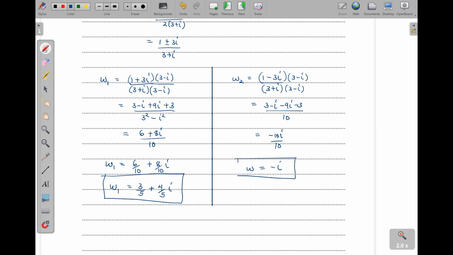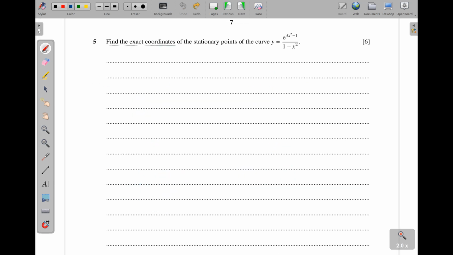That is that. Question 5, find the exact coordinates of the stationary points of the curve, this one here. Now, this is a quotient, so we are going to use the quotient rule. However, you should know that when you differentiate an exponential function, we differentiate the power of the exponential, then multiply by that exponential function, just like that.